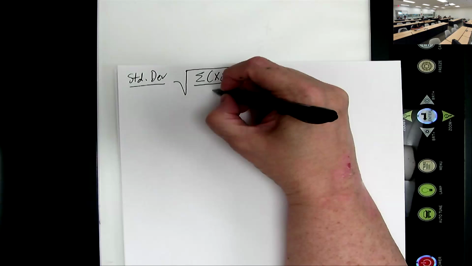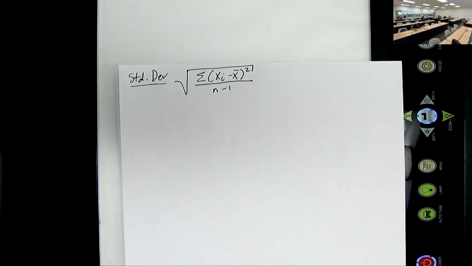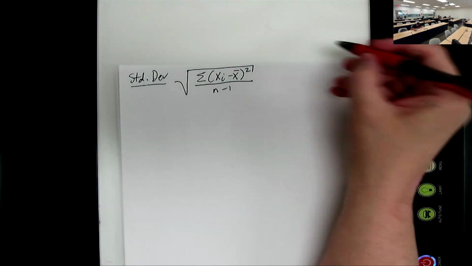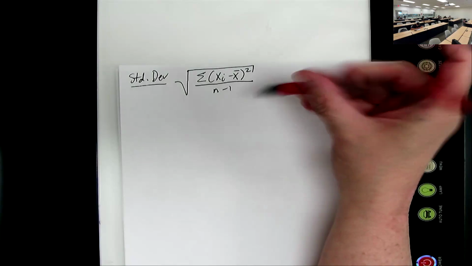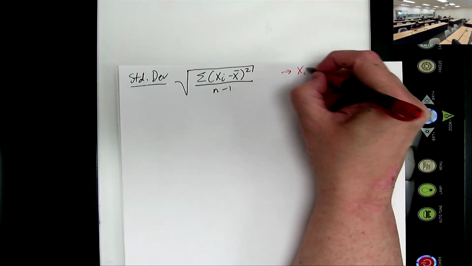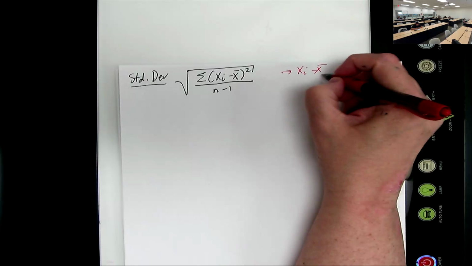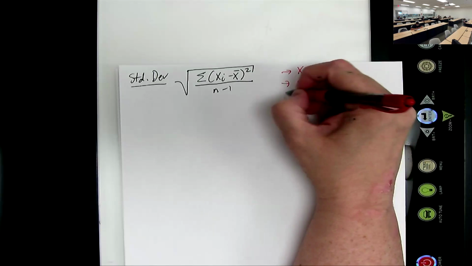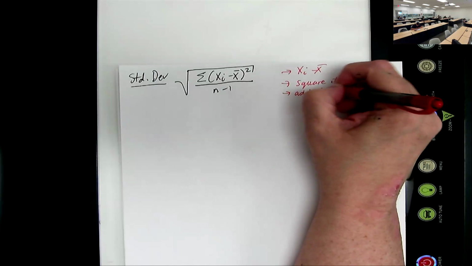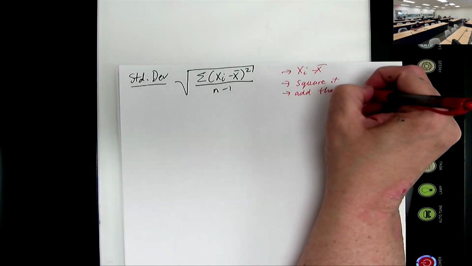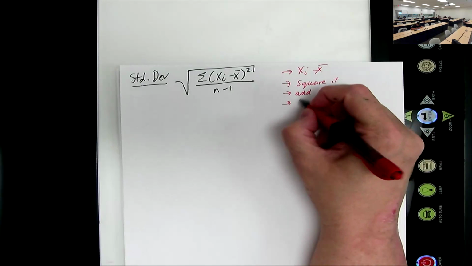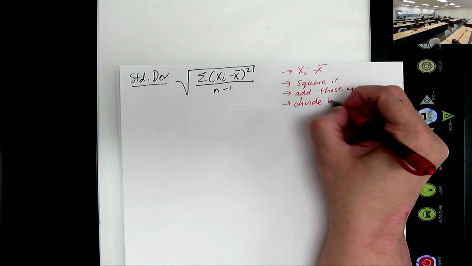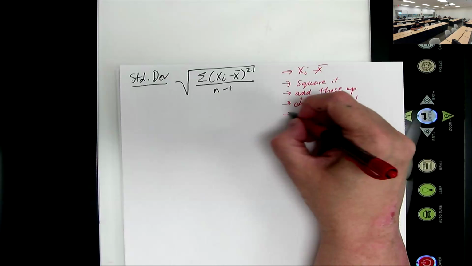You add that up, you divide by n minus one and you take the square root. So the first thing you do is xi minus x bar. Then square it. Add those up. Divide by n minus one. And take the square root.